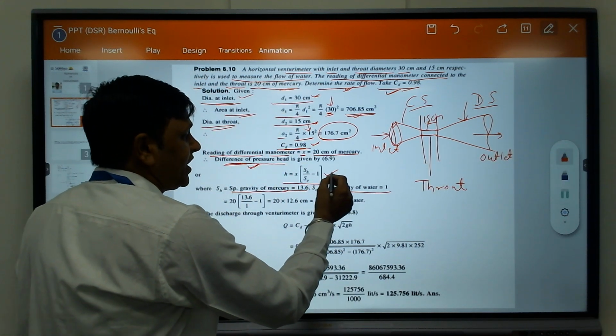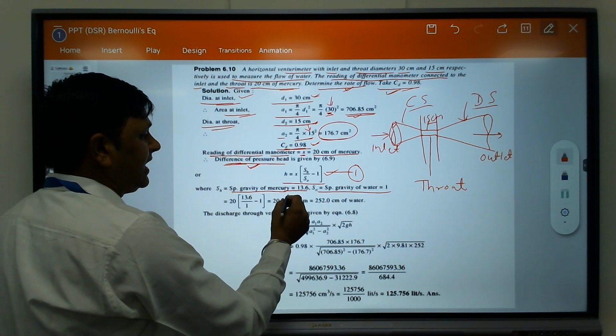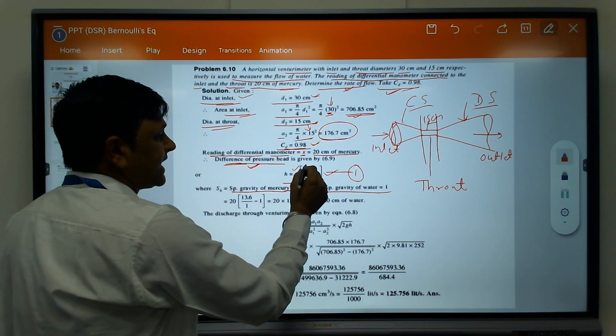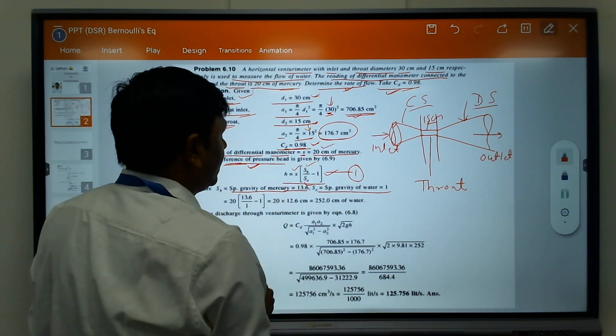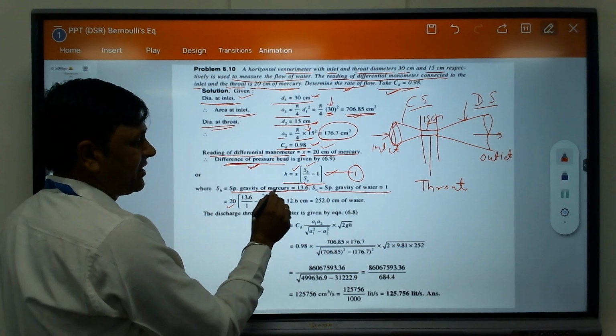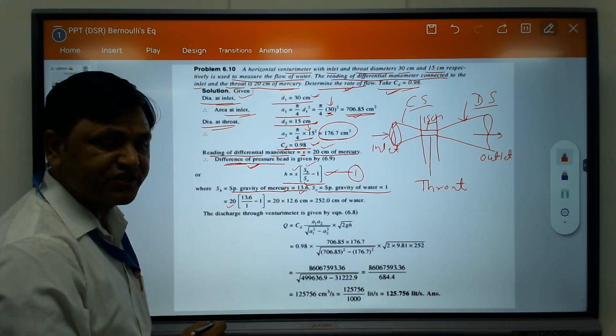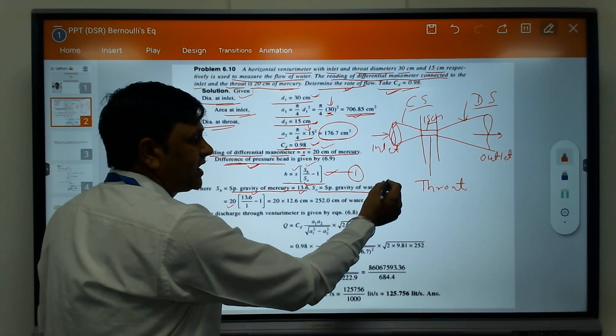In this equation, putting the values of X, SH and S naught: X value 20 centimeter, specific gravity of mercury 13.6, and specific gravity of water 1.